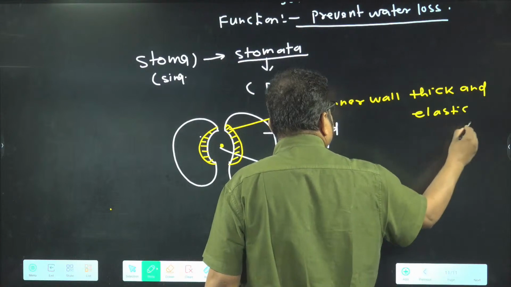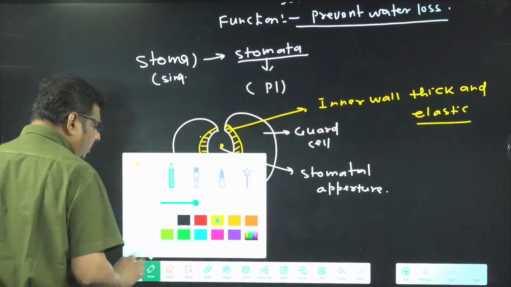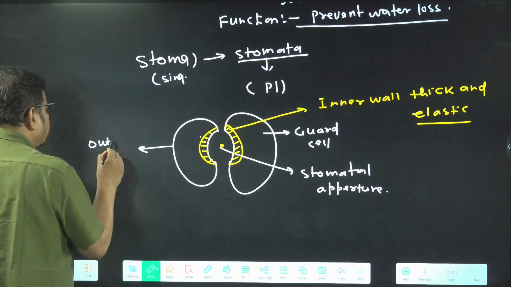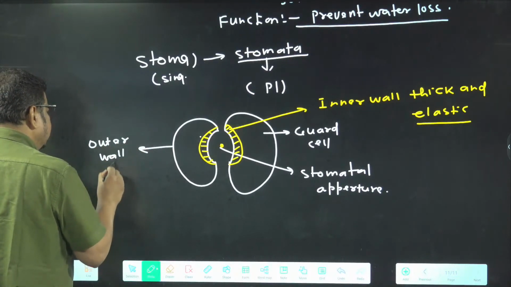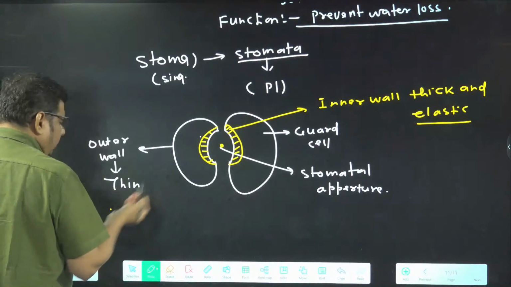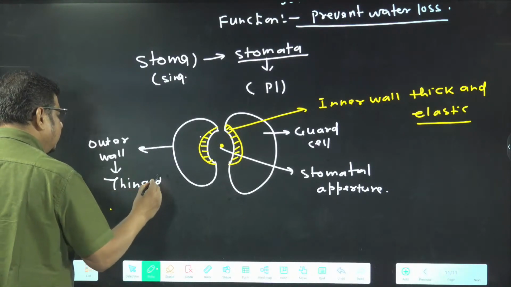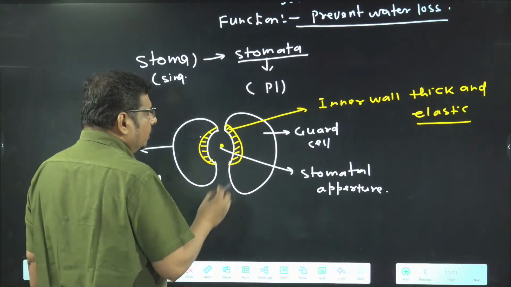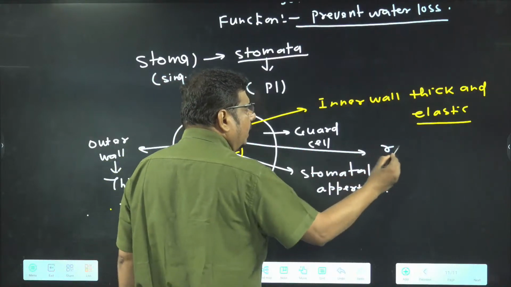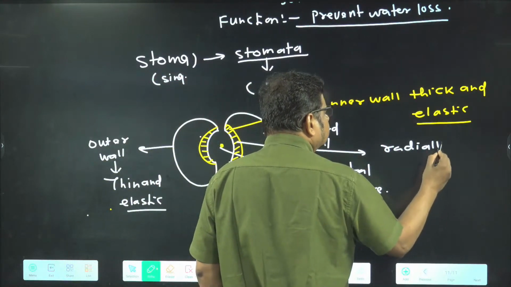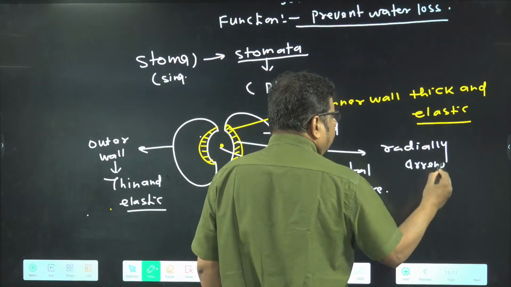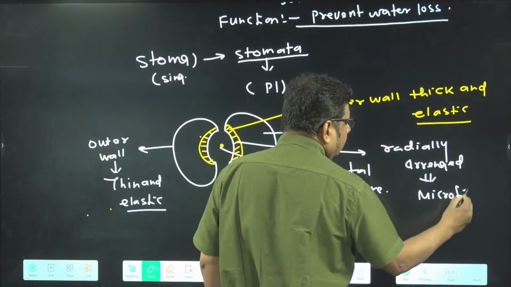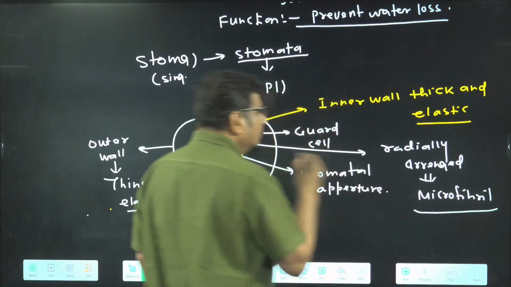How is it possible? Thick and elastic. Usually when a wall becomes thick, it becomes non-elastic. The outer wall is thin and elastic. It is understandable: when the wall is thin, elasticity is there. But how does this thick wall have elasticity? In the inner wall you will find radially arranged microfibrils.